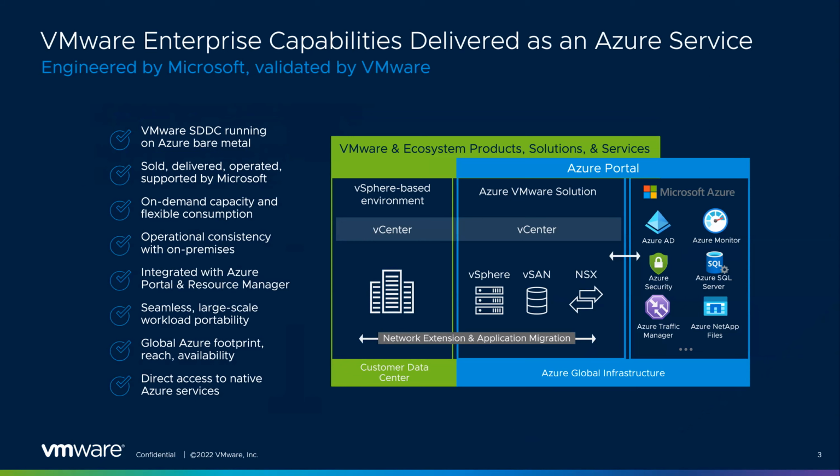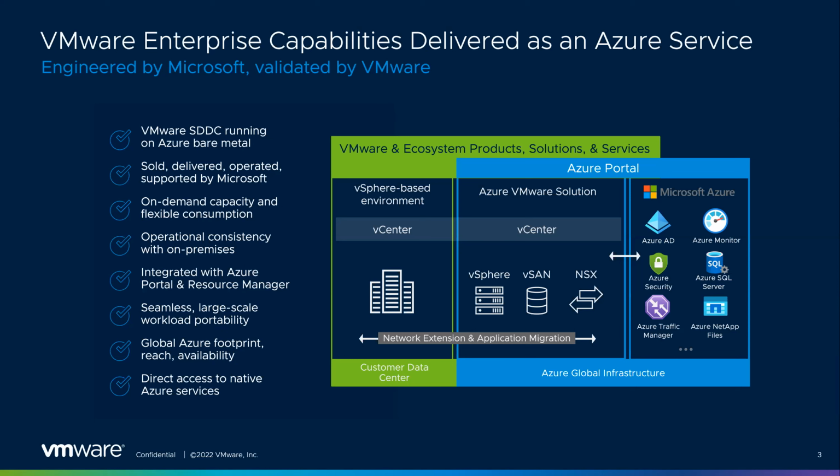It's engineered by Microsoft, validated by VMware, and sold and supported by Microsoft as another Azure service. And so the Azure VMware Solution is an Azure service running the VMware SDDC components on Azure bare metal. It allows us to take advantage of the on-demand capacity and flexible consumption models of the cloud, while still maintaining the operational consistency with your on-premises operations.